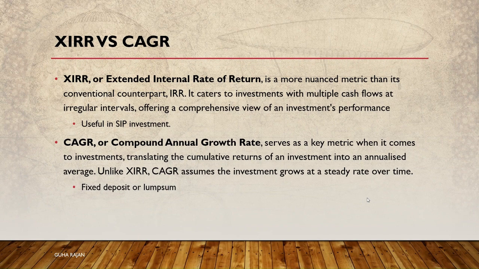And XIRR, the extended internal rate of return, is used when you do a systematic investment plan, where you invest some amount on a monthly basis or a time basis. It need not be monthly. The first month you do a lump sum, and the third month you do another lump sum. But after a few years, you take it out. Then you can calculate the XIRR and check how it is performing.